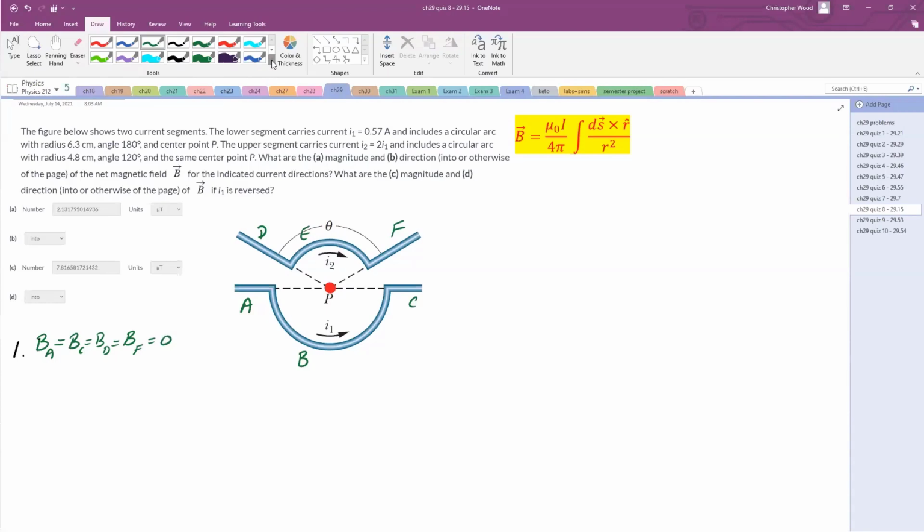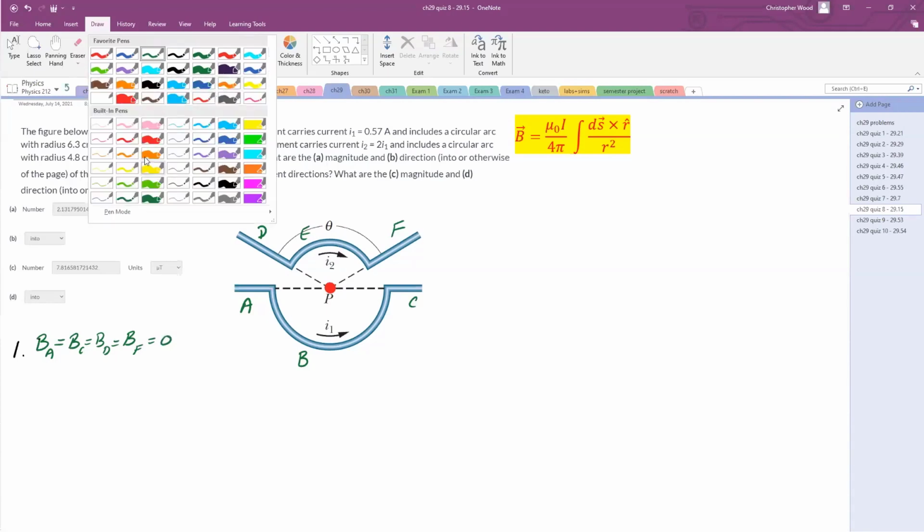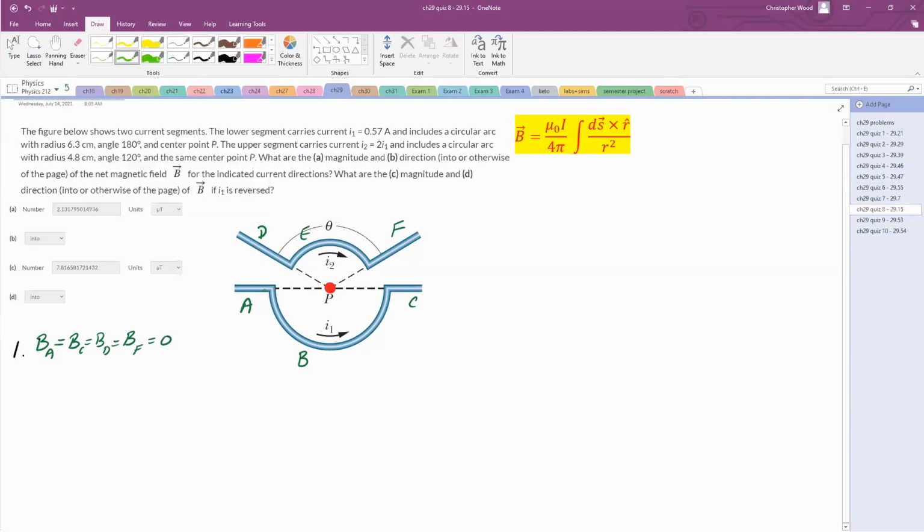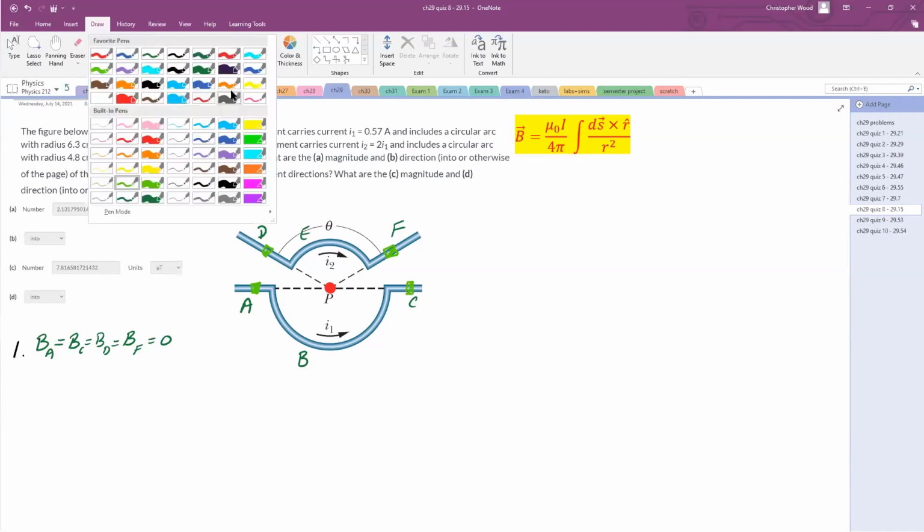Because you can't just say that, and you can't really just talk your way through it. At the very least, you basically have to say, for each of these current carrying segments, A, C, D, F, here's the little element. In every case, I'll do a quick, here's the r hat vector for each of them.